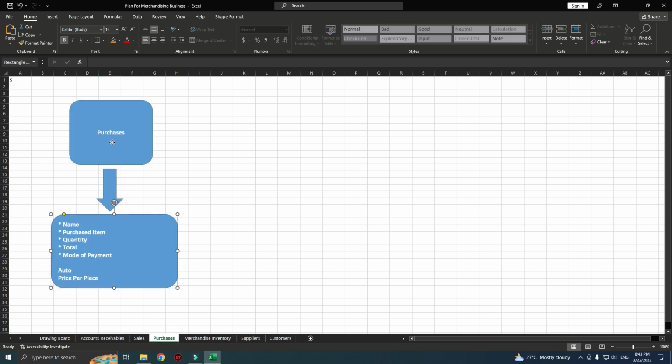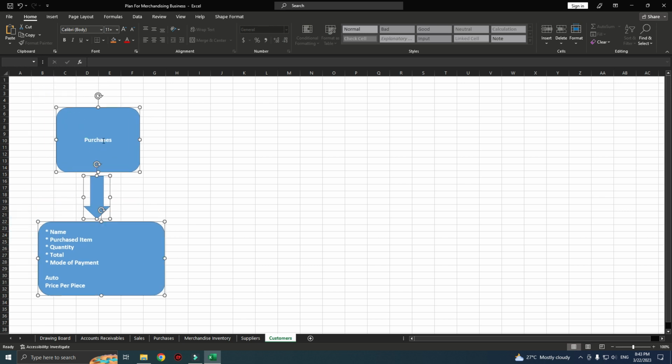And then we'll copy the drawing here. First will be the customers, since most people are familiar with it. We have customers that are specific names. And we also have customers that don't want to be named. We will just call them cash customers.